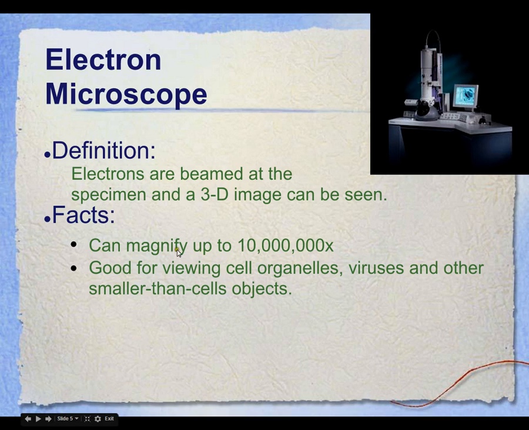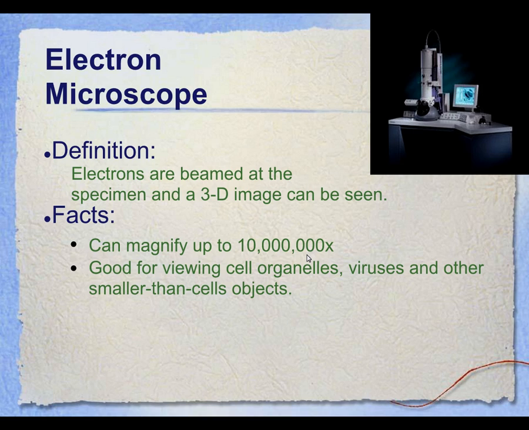They can magnify things up to about, depending on whether it's a scanning electron or a transmission electron microscope. Here's the magnification. The transmission microscope is called transmission because you can see all the way through whatever you're looking at.